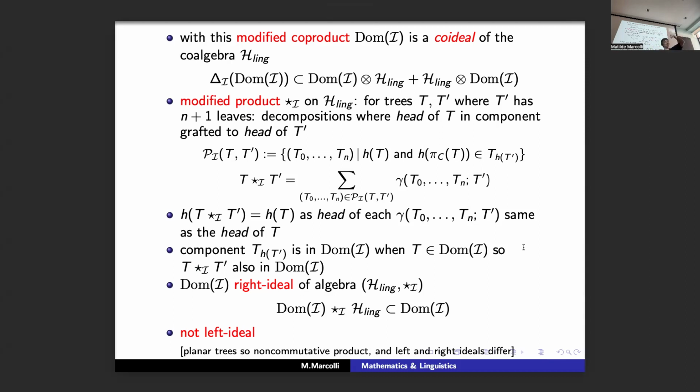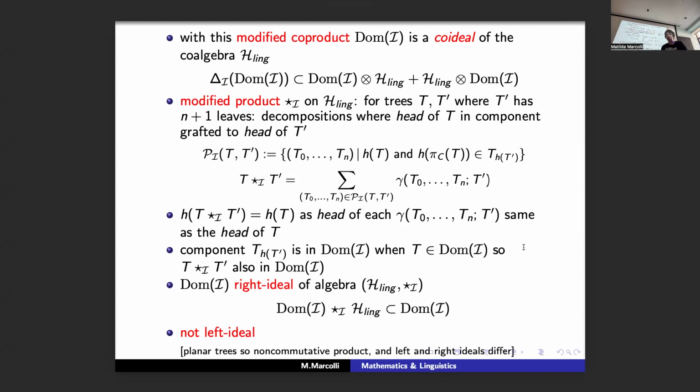What depends on where the heads end up being is what happens at the leaves. So it's okay on one side, which you can take care of on the left, the part that ends up at the leaves, but not on the right side, which is the part that ends up at the bottom. So you get something which is a right ideal and not a left ideal.